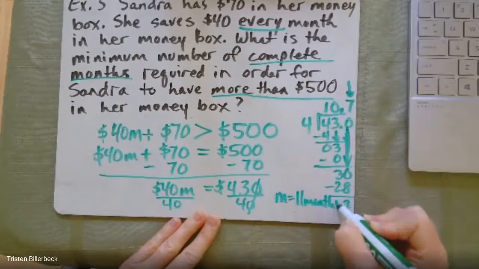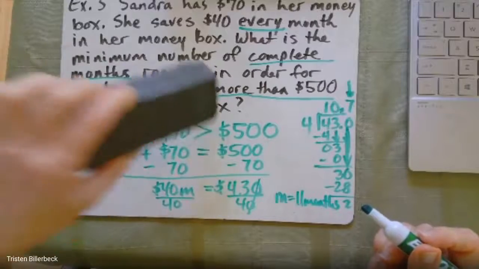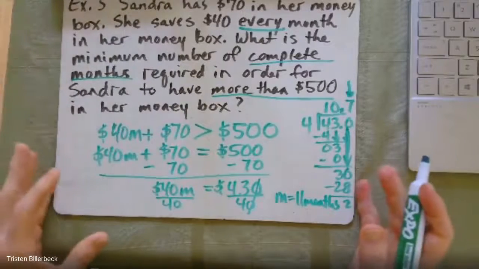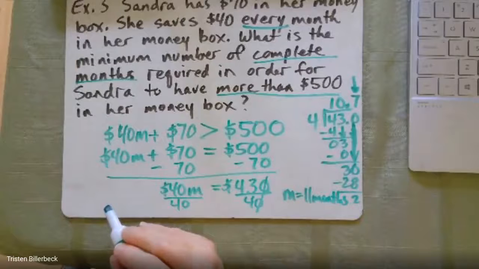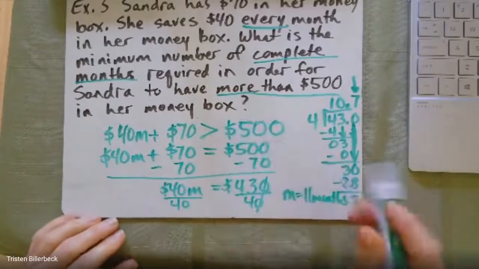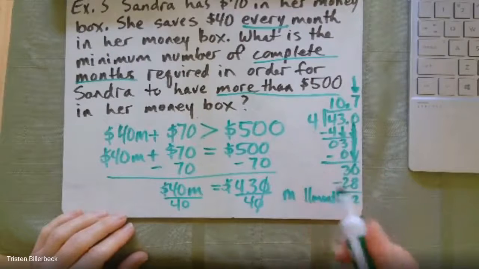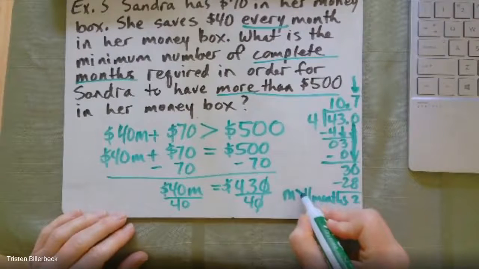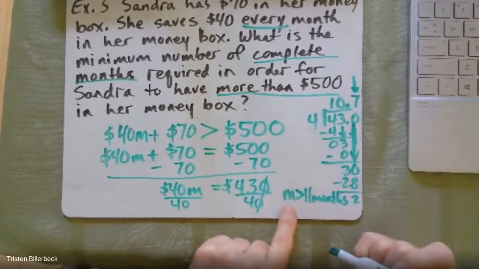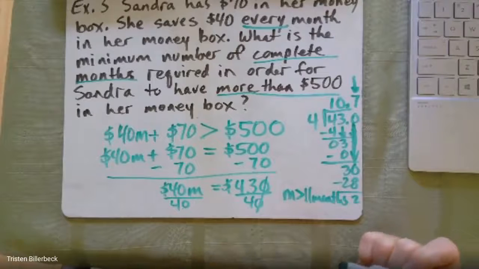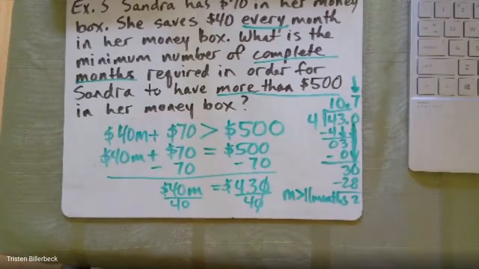There you have it. But we had this sign. So we're going to have to answer it with this sign. So we're going to change that to months had to be greater than 11 months for this to be true.